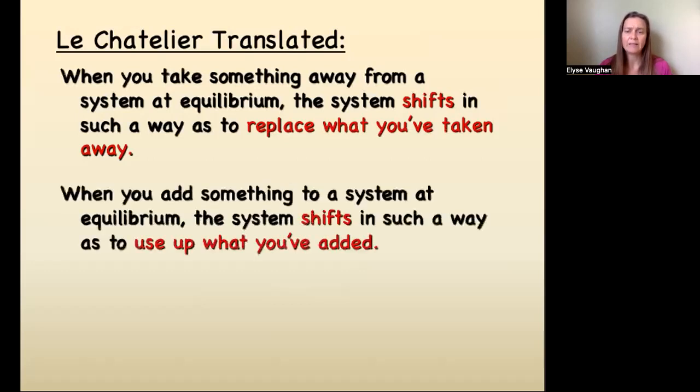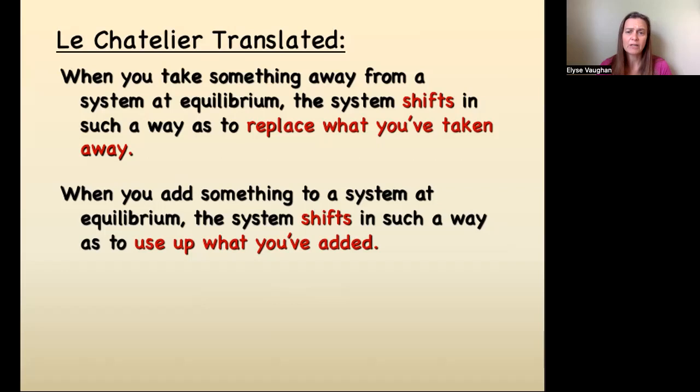And if you add something to a system that's at equilibrium, the system is going to shift to use up what you've added. So really this comes down to the fact that that equilibrium constant is going to try and stay the same. And we can understand this from the perspective of anything we do. Remember, equilibrium is when the rate of the forward reaction and the rate of the reverse reaction are the same.